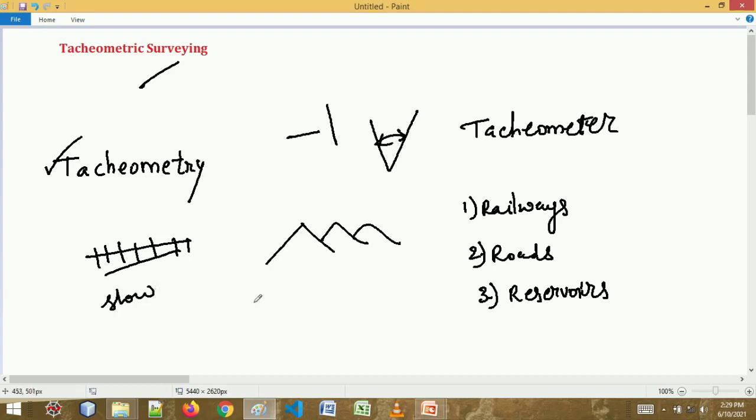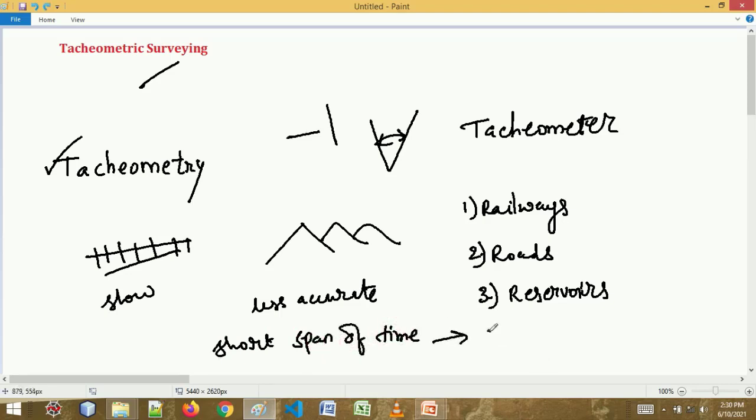In tachyometric surveying, though it is less accurate, in a very short span of time we can prepare a contour map which can be used for investigation works. So this is the main basic advantage of tachyometric surveying, that in less time you can cover more area.